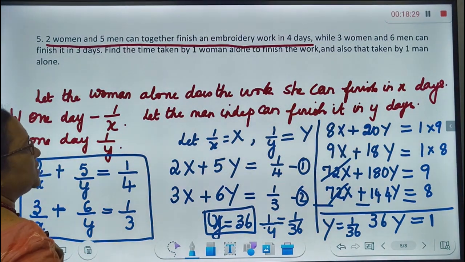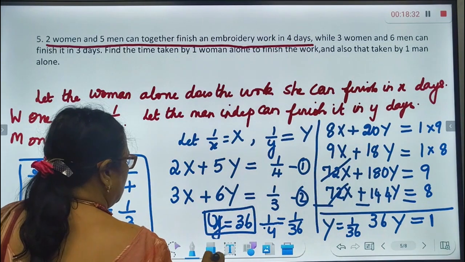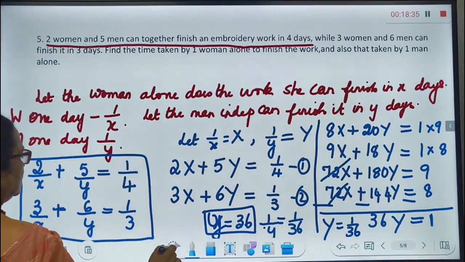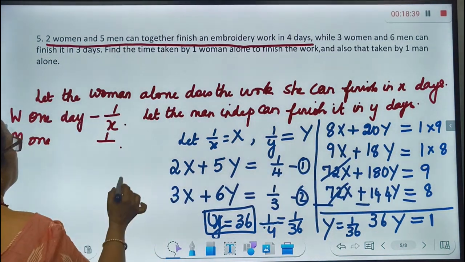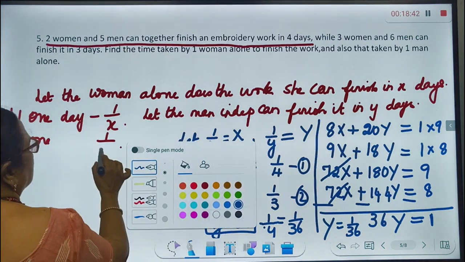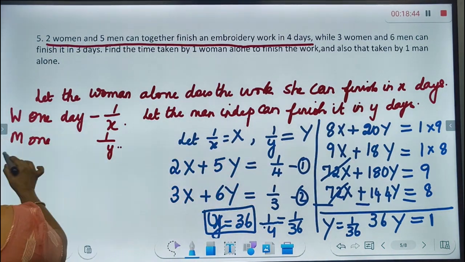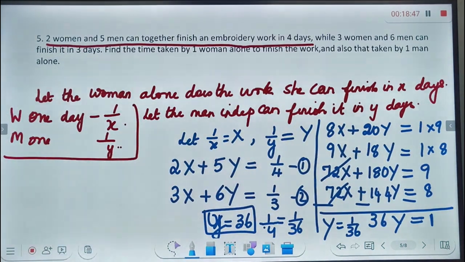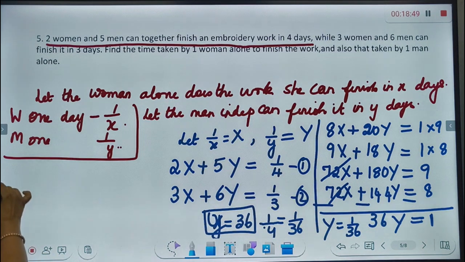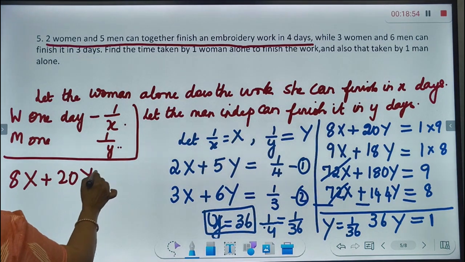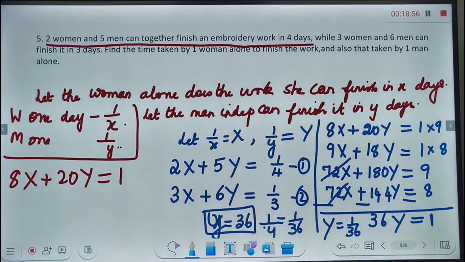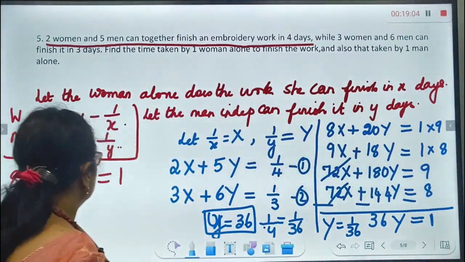Now what about the value of x? Now let us substitute. We have found the value of y, we have to find the value of x. So we know that 8X plus 20Y equals 1. So what is capital Y? 1 by 36.